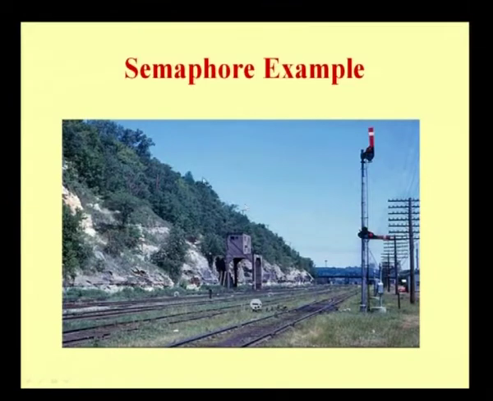So, at that time P2 should wait, and no other process should ever think of using this printer resource when it has been allocated to P1. So, this semaphore monitors whether this resource can be used or not.